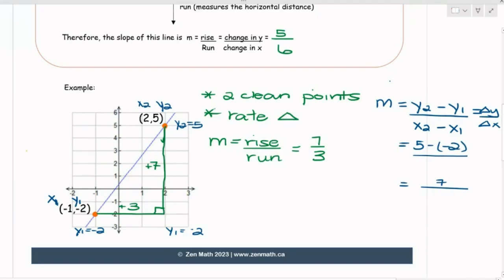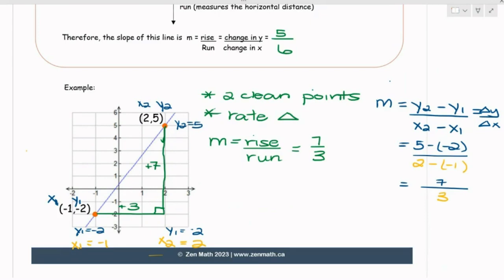For the run, we have x1, oh, I like this yellow, is -1. And our x2, I'll put it down here just because we're going across. Our x2 is here, it's 2. So x2 is equal to 2. So if we want to find the difference between these two, we're going to subtract them. We're going to take our x2 and do 2 take away -1. And that's going to become +3. And lo and behold, we have the same slope.